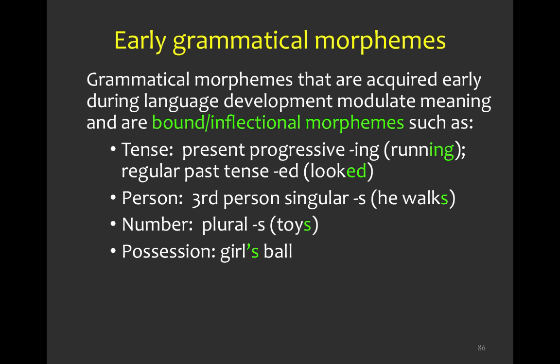They include a person marker, such as third person singular s, as in he walks. They include a number marker, such as adding the plural s morpheme, and they include possession, such as the possessive s morpheme, as in girls' ball.